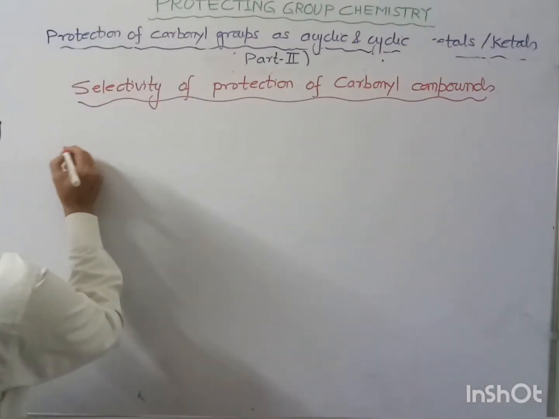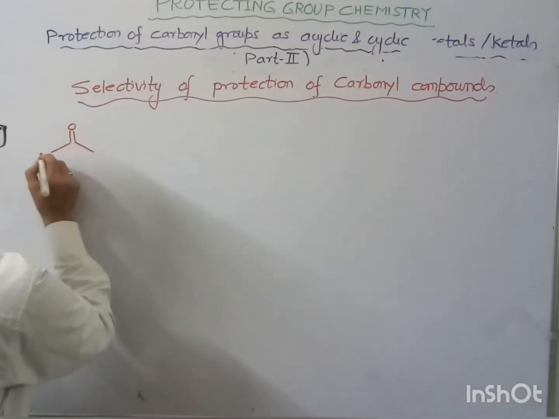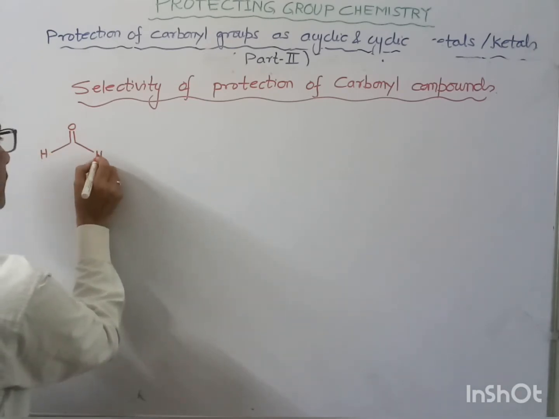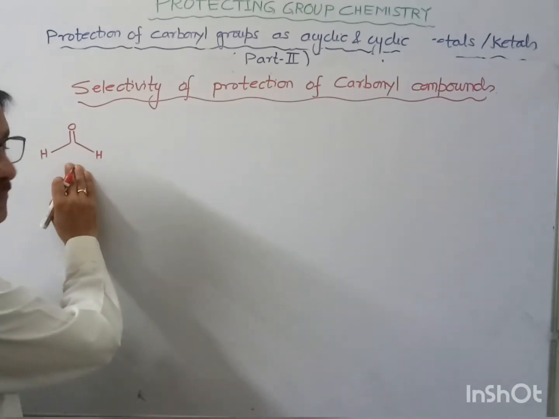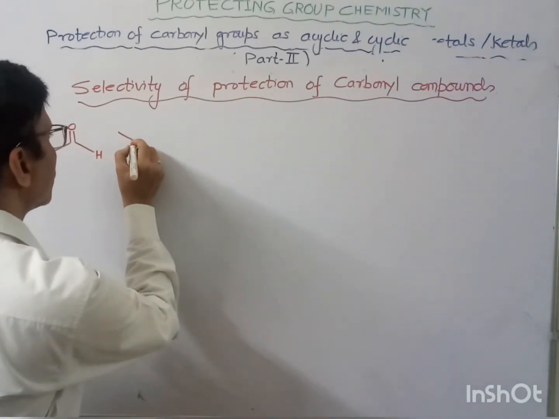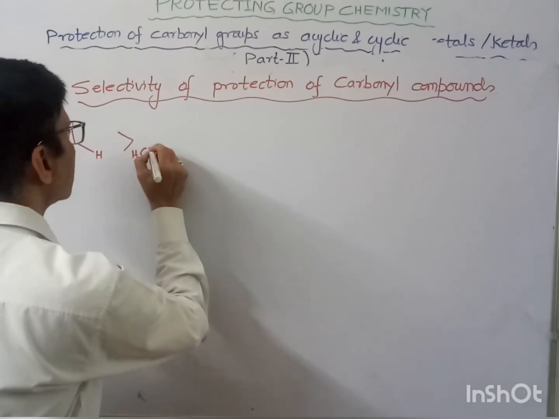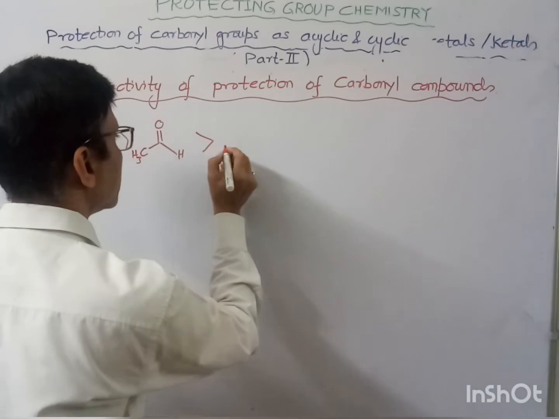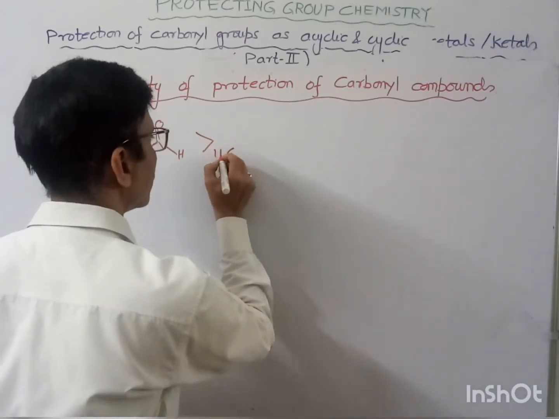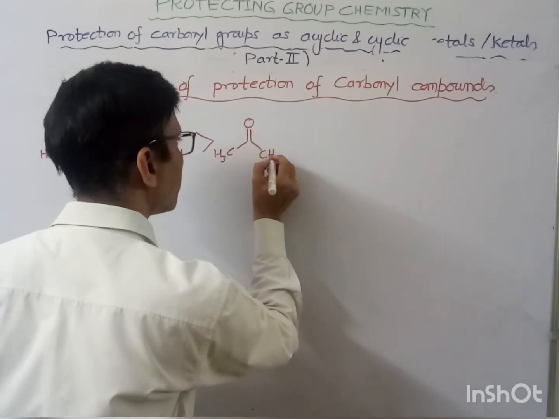Suppose we have different carbonyls: formaldehyde is preferred first, then acetaldehyde, and after that ketone.